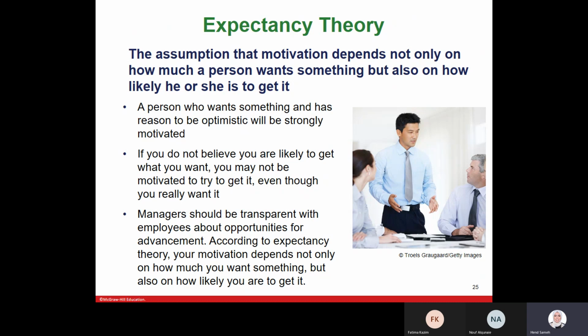Maybe one day you will be. But if somebody tells you, no way, impossible, this is not happening because we have rules and laws, you will never be the CEO of this organization, so you will not be motivated. So I don't totally agree with the expectancy theory.